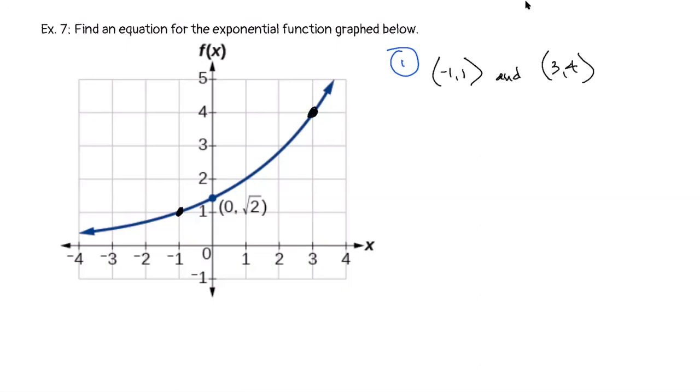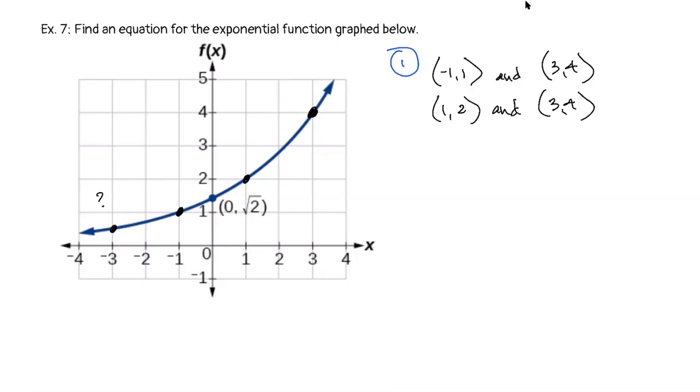Someone else give me a different pair of points that they could use. 1, comma 2, and 3, comma 4. Good. That's another option. Negative 3 and 0.5. Are we sure about that point? I'm not sure that we can assume that one.